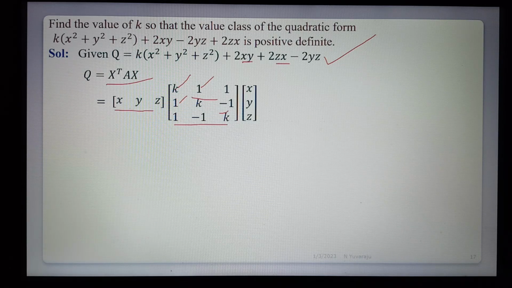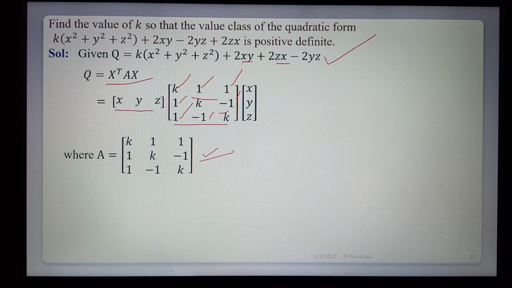The zx coefficient is 2, that is 1, 1. The yz coefficient is minus 2, that is minus 1, minus 1. Therefore A is this coefficient matrix: k 1 1; 1 k minus 1; 1 minus 1 k.